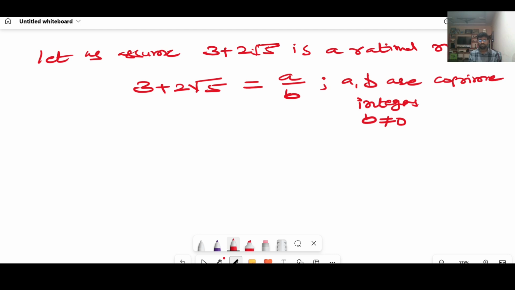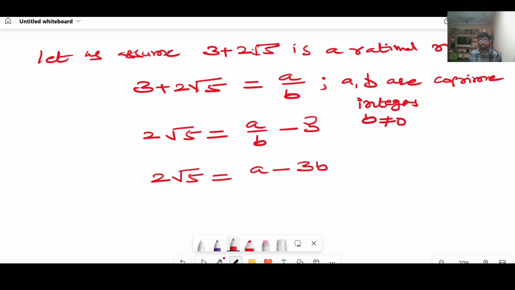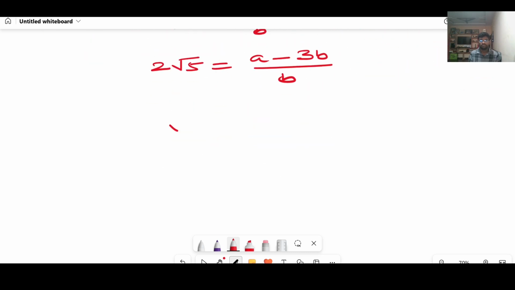Right, now I will transpose 3 towards the right hand side. A by b minus 3. 2 root 5 equal to the right hand side will become a minus 3b by b if you equate the denominators, right? Root 5 equal to a minus 3b by 2b, if you transpose 2 towards this side.